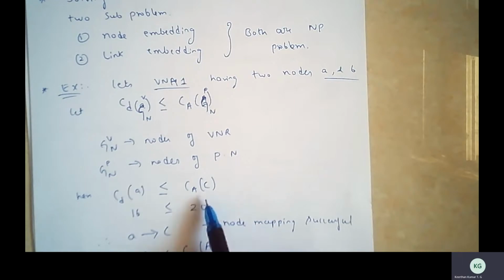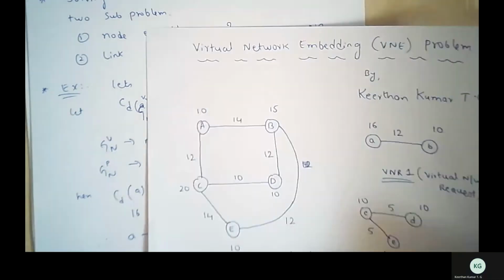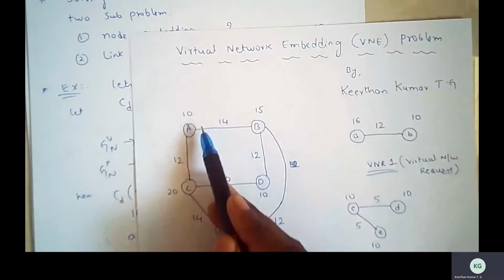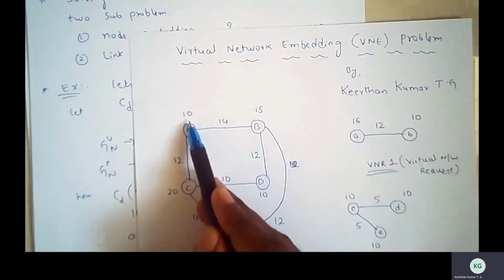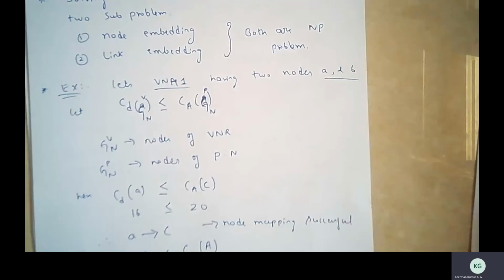For example, since I'm picking randomly, if I took capital A as a physical server instead of C, what is the available capacity of capital A? See here. For the capital A server, the available capacity is 10. 16 less than or equal to 10, the constraint is failed.